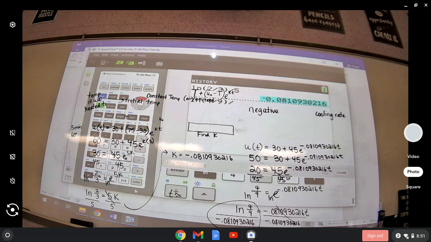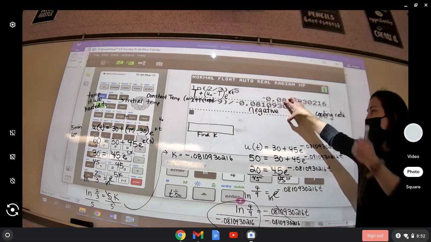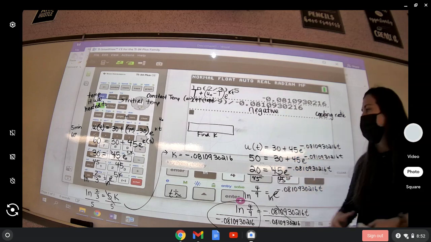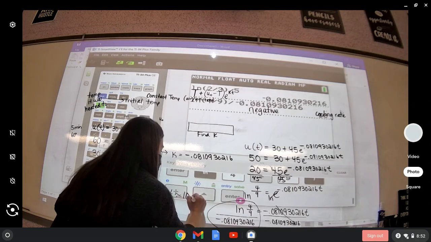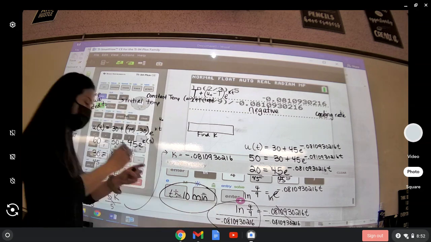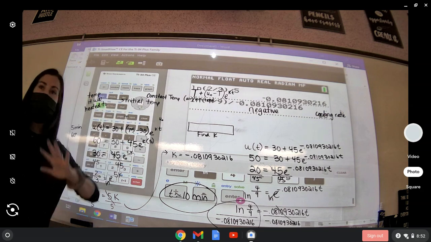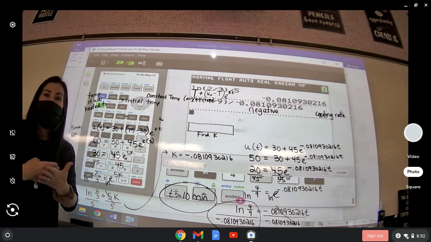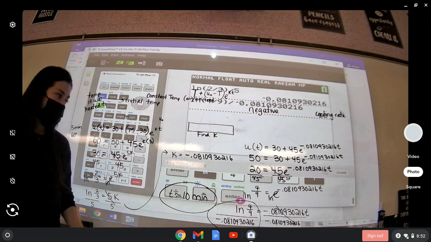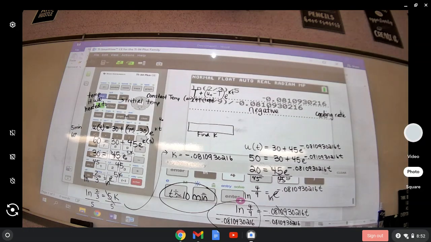Use it, it's right there. Hit enter, and now it's taking the natural log of 4/9 and dividing it by that K value that was stored. Hit enter, and guys, it's 10 minutes. It's 10 minutes, because again, it kept the exact value of K for us on our calculator. So it's 10 minutes even that we get. So it takes 10 minutes for this 75-degree object to cool to 50 degrees sitting in a room that is 30 degrees. All right, now the rest of the problem is graphing calculator. So I'm going to do it all over here.